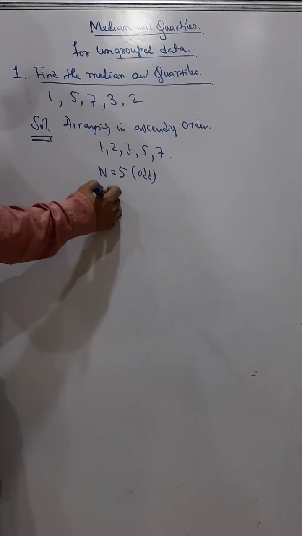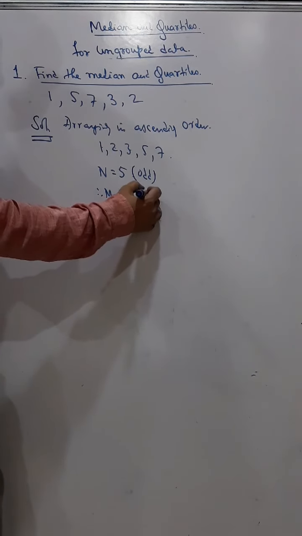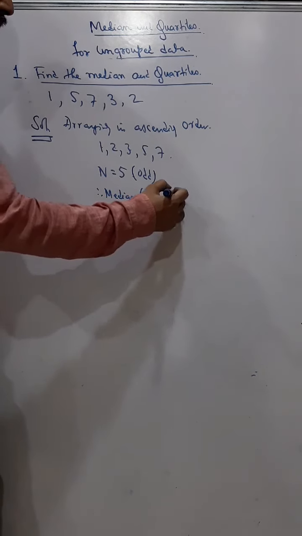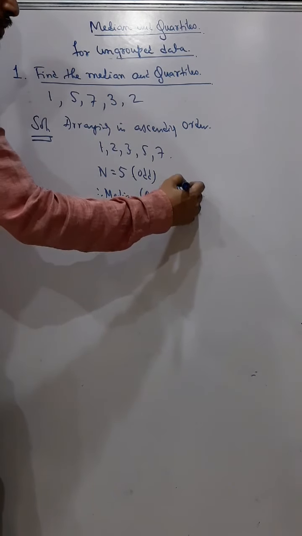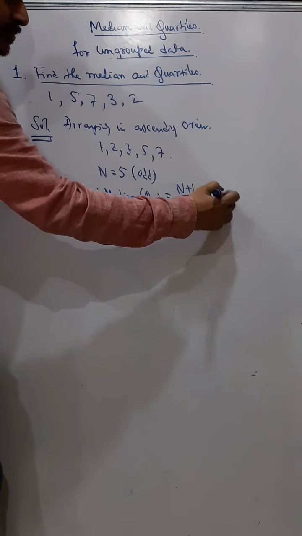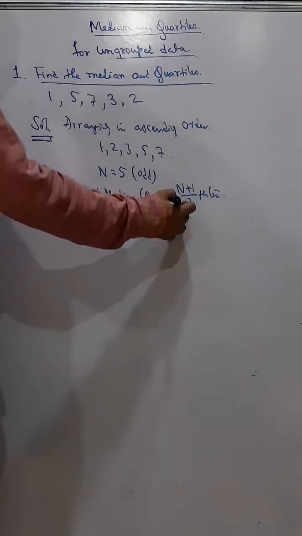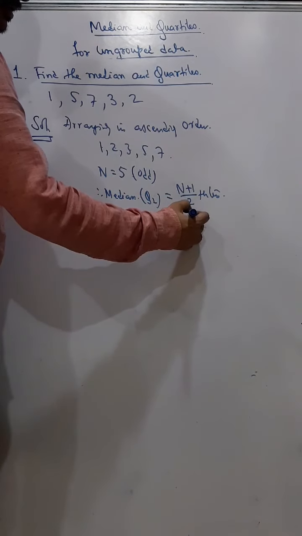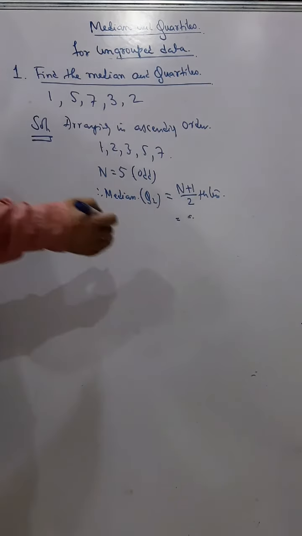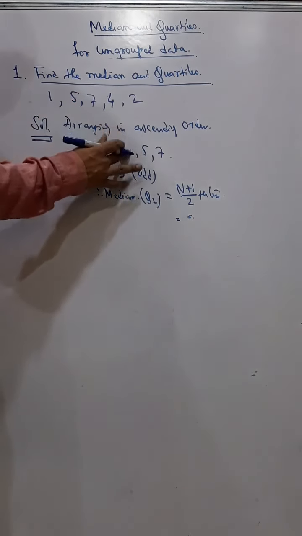Therefore the median, that is Q2, will be the (n plus 1) by 2th term. I'm just changing this so that you don't get confused; I'll tell you later why.